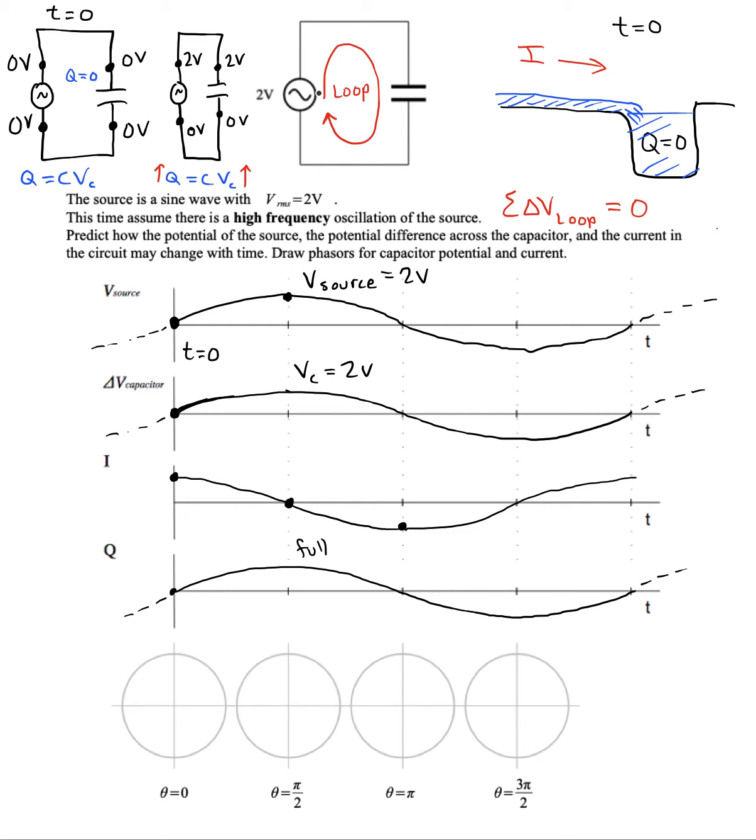When we have a capacitor in series with an AC source, we find that the current is 90 degrees out of phase with the voltage. And in fact, the current will lead the voltage by 90 degrees, or pi over 2 as an angle.